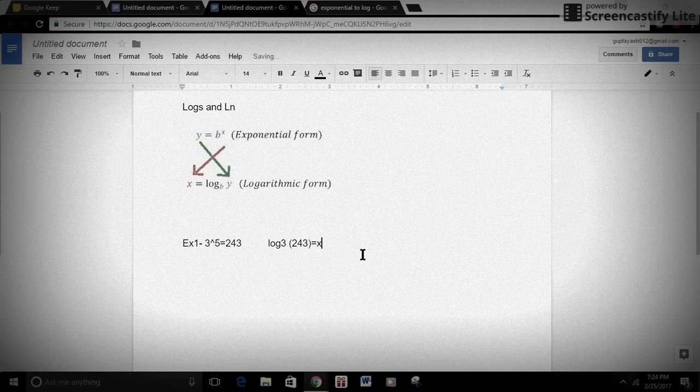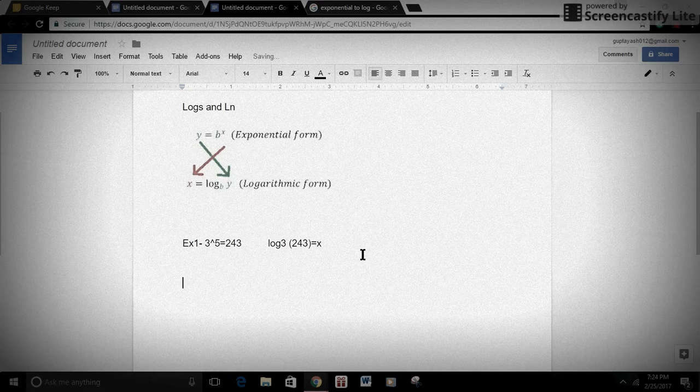So basically, your exponent is your answer in a log, which kind of makes sense because they're inverses. And your biggest number usually, which is the product of the exponential equation, is what's being multiplied by the base.